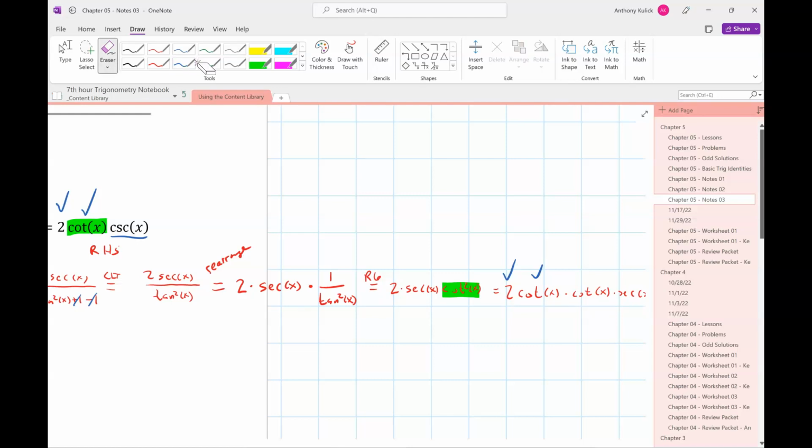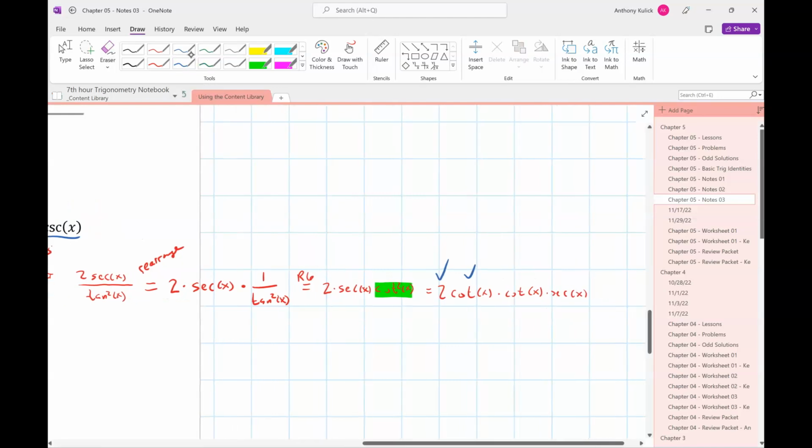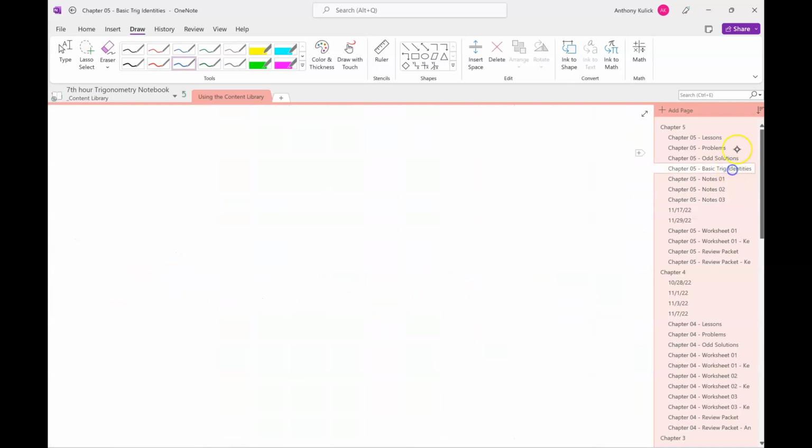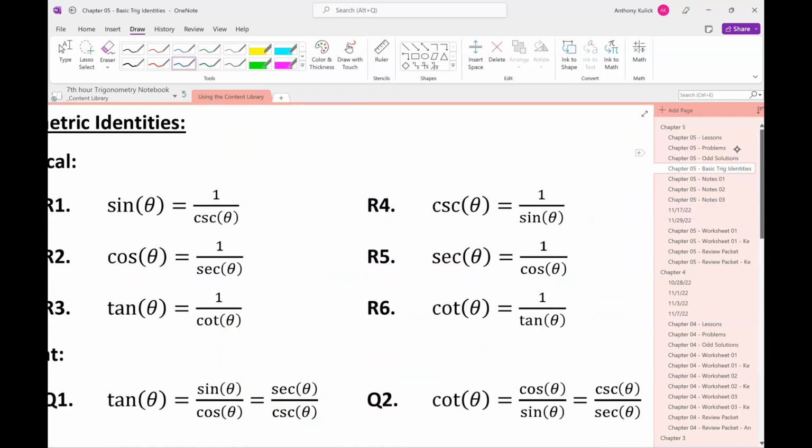Okay, well, let's go look for an identity that relates those 3 things together, cotangent, secant, and cosecant. Cotangent is cosecant over secant. That involves all 3 things right there.